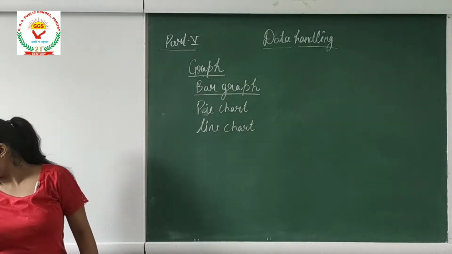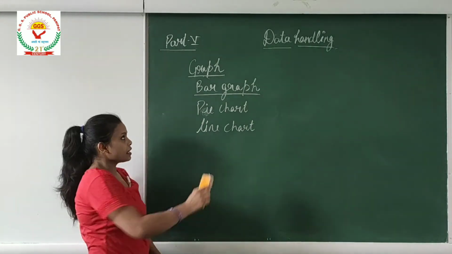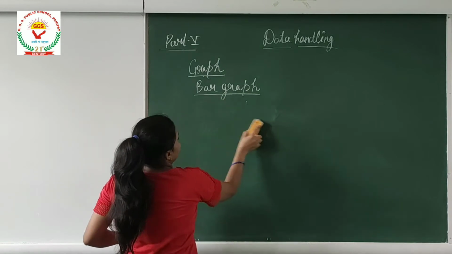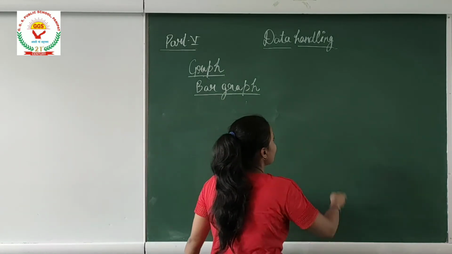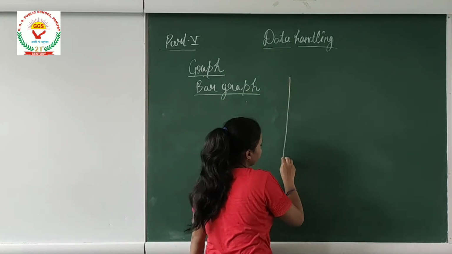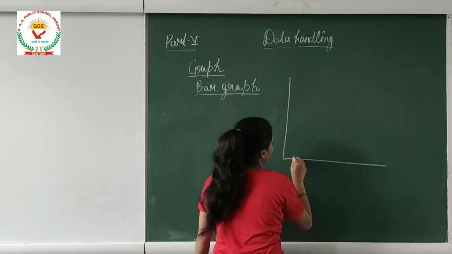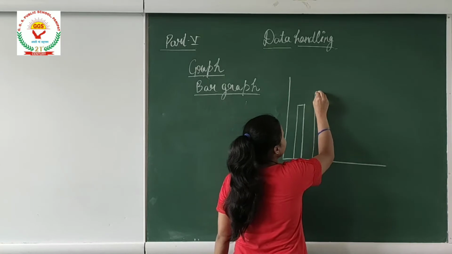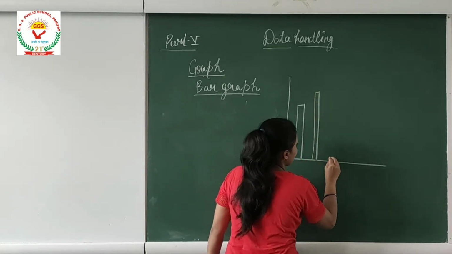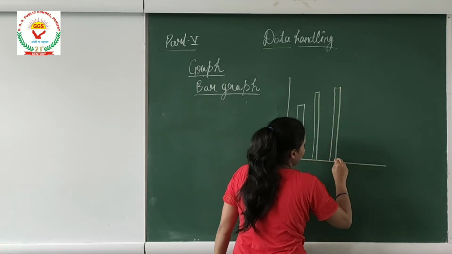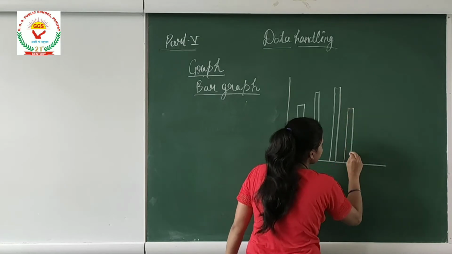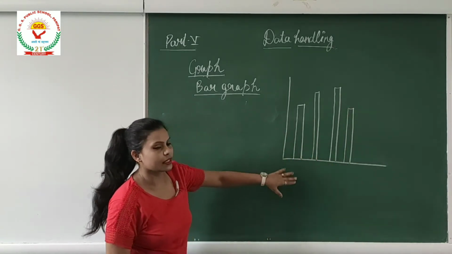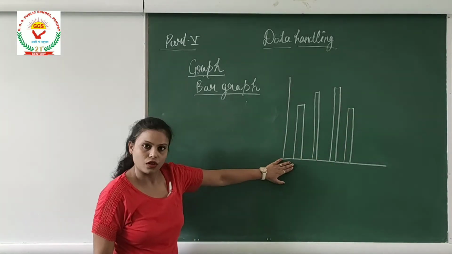So what is a bar graph? If the presentation of data is in the form of bars, like we have some data and we represent the data in the form of these bars, then this representation of the data is known as a bar graph. Alright.